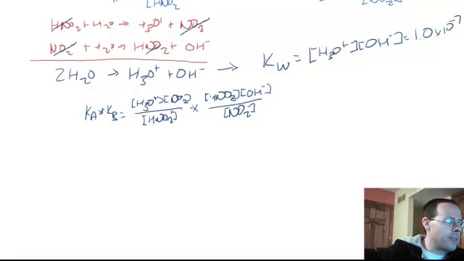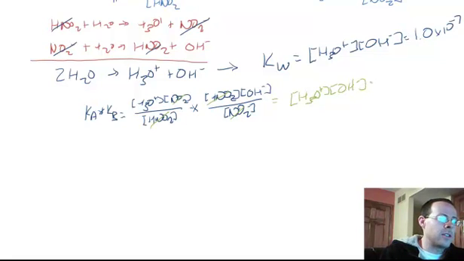So again, if we look at this, we're going to see that several things cancel as we multiply through. Our nitrous acids are gone, and our nitrite ions are gone. So really, if we multiply Ka times Kb, we get hydronium ion times hydroxide ion. Alright? And we know that this, again, is always 1.0 times 10 to the negative 7th. So we also know that Ka times Kb equals 1 times 10 to the negative 7th.